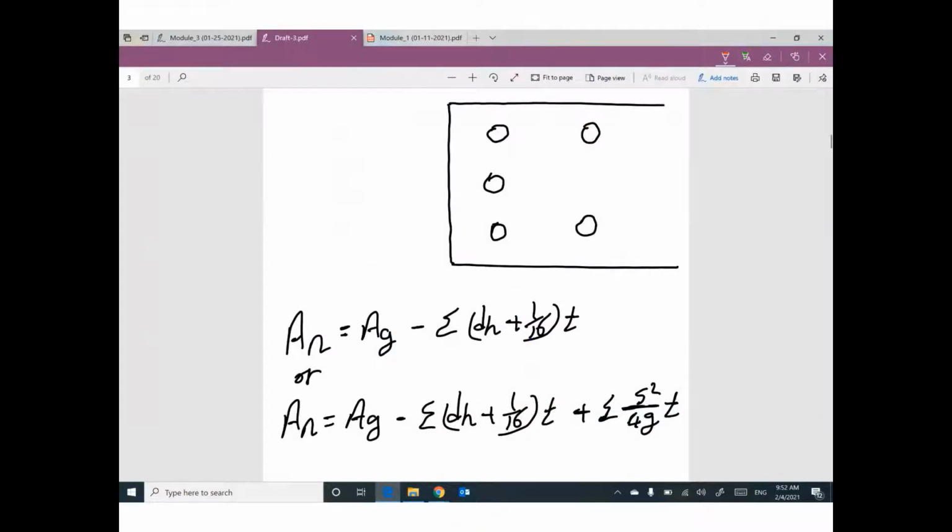We can expect the mode of failure. If you can expect what will happen if this part of the member is ruptured, we have failure. Probably this failure will happen through this plane, or through this plane, or probably the cracks or the rupture in the member will be like this.